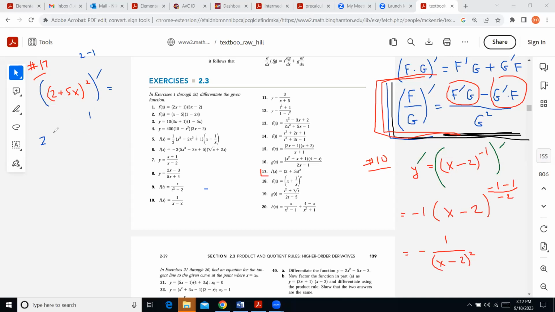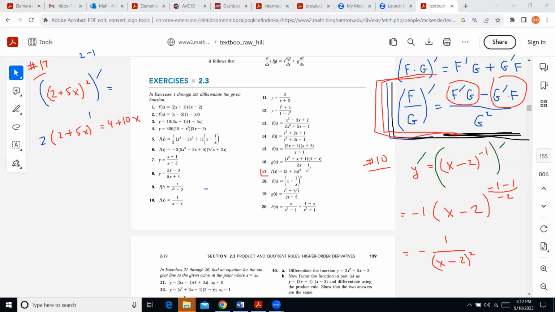We'll always subtract 1. So that parentheses with 2 plus 5x now is going to be raised to the power of 1. And we found derivative, and that power means nothing, so I could just distribute 2 and say it's a 4 plus 2 times 5, 10, right? Should be careful. Concentrate, Alex. So plus 10x. So this way we got the answer.